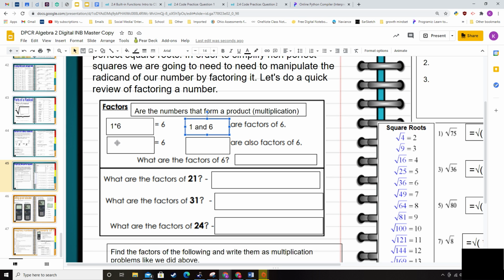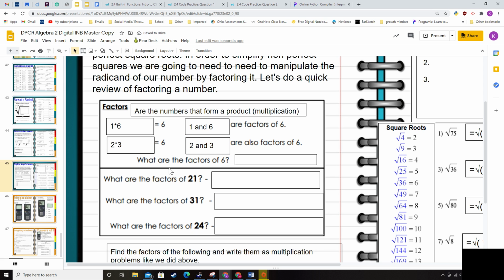Now, next thing, what else multiplies to give us 6? We know that 2 times 3 also gives us 6. Because 2 times 3 gives us this, that means that not only are 1 and 6 factors, 2 and 3 are also factors.